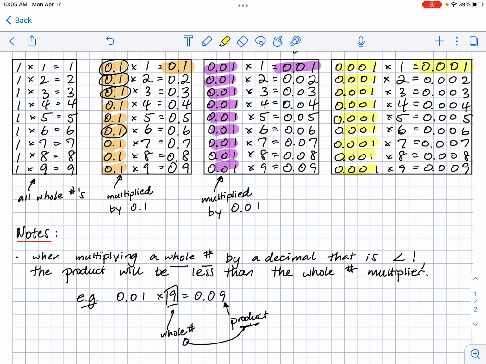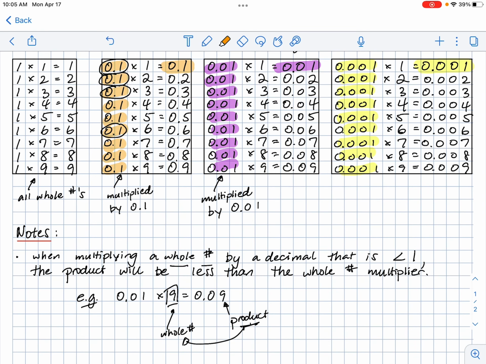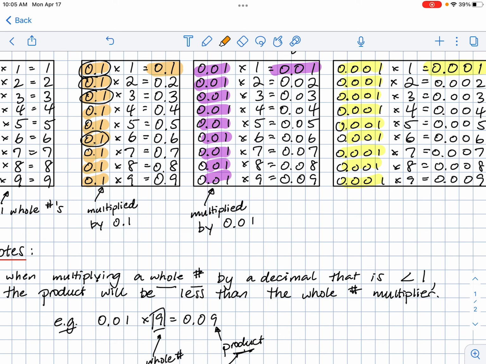So that's what I mean by the number of zeros after the decimal increases the smaller the number you multiply by, right? Now, this is only specific to 1 as well. As you can see, in all the cases, and only because you're multiplying by 1/10, 1/100th, and 1/1000th, the last digit in the product is the same as the whole number multiplier, right?